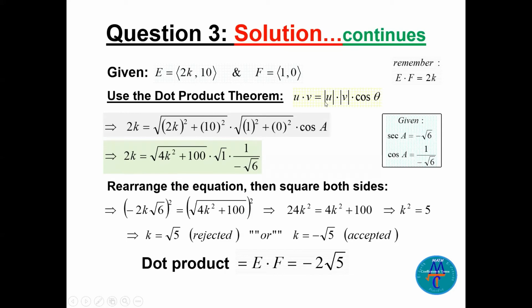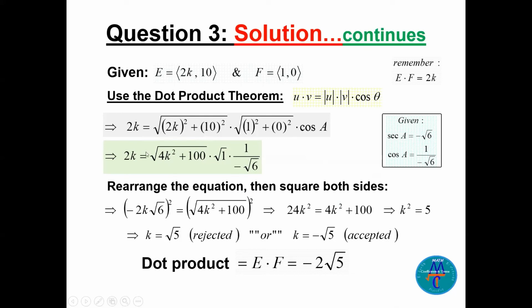The magnitude of U will be the square root of (2k) all squared plus 10 squared, times the magnitude of V, which is the square root of 1 squared plus 0 squared. Secant of A is given as minus square root of 6, so I can find cosine of A as the reciprocal: 1 over minus square root of 6, or minus 1 over square root of 6.